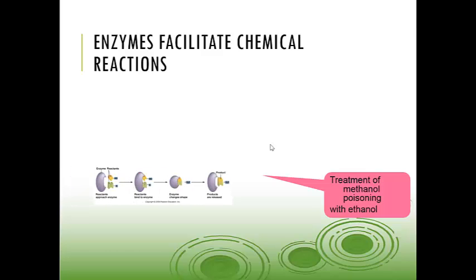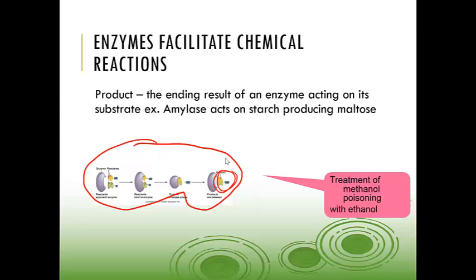Enzymes facilitate chemical reactions, and here in this lovely diagram is that whole lock and key idea, where you have your enzyme, you have two small particles, they're joined together to form a product or a larger particle. So the product is the end result of an enzyme acting on its substrate.